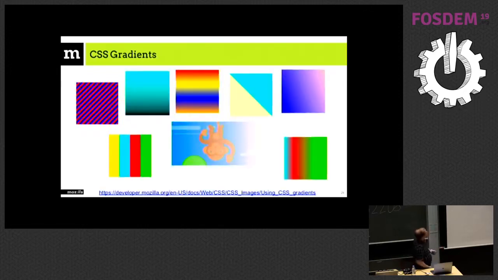So these are examples of gradients taken from MDN. That's why they are so bright. And next to each of them, there is a small code explained. But I wanted here to remind all of you that a gradient is not just a boring gradient in the background.